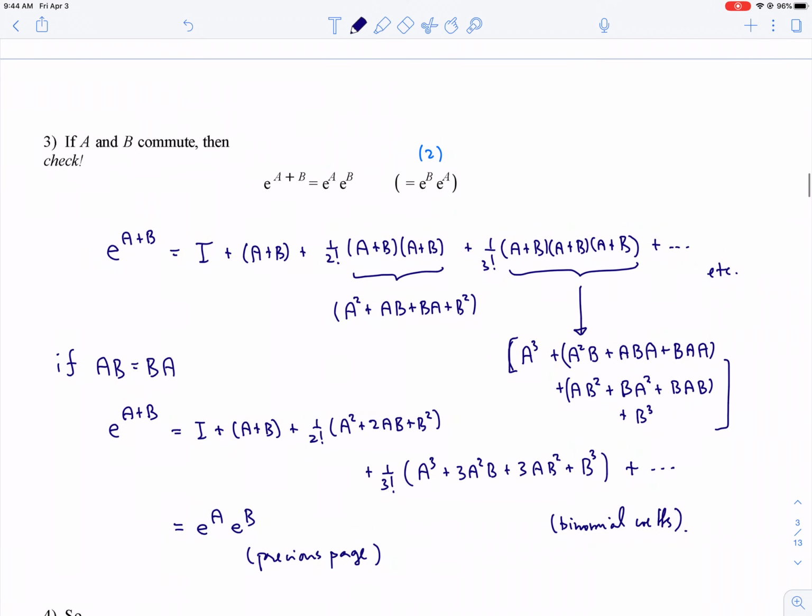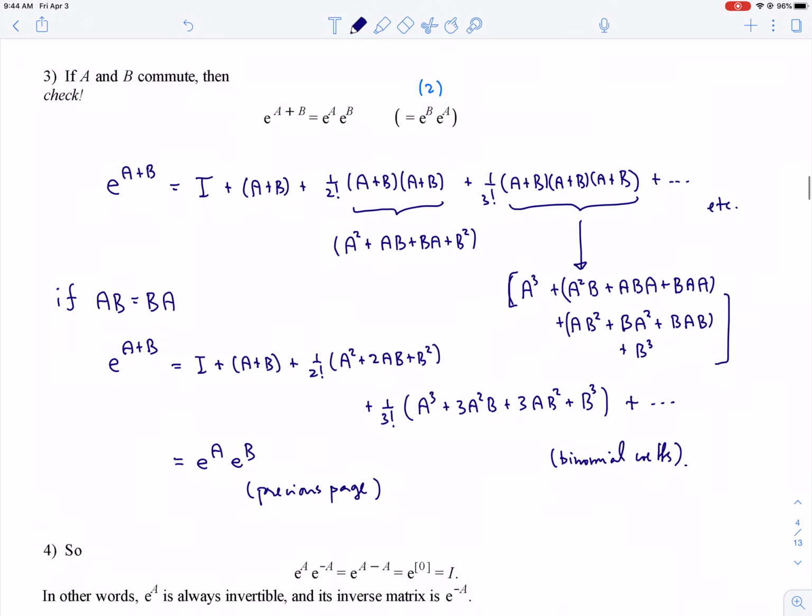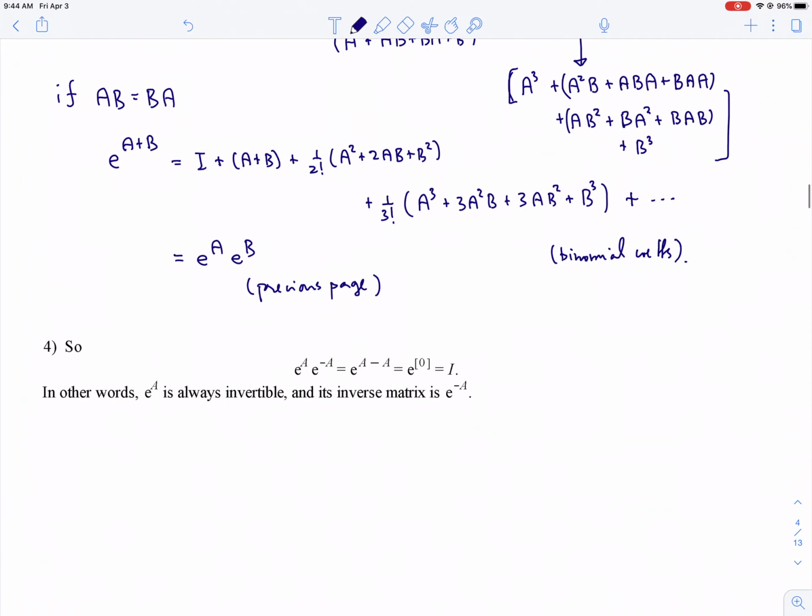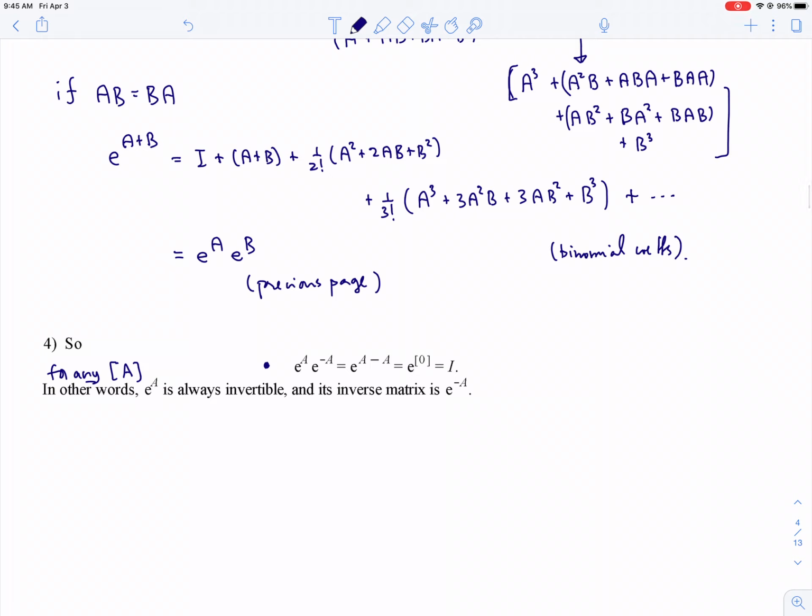Okay, so if A and B commute, the rule of exponents works. And in particular, a very special case of that is that for any matrix A, e to the A is always invertible, and its inverse is e to the minus A. That's because e to the A times e to the minus A is e to the A minus A by what we just did, and that's e to the 0 matrix.